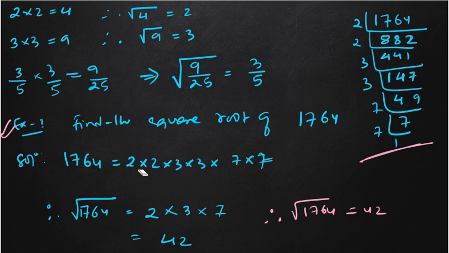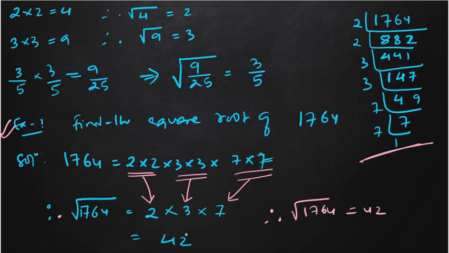So the two 2s are in a pair, 3 also has a pair, and 7 also has a pair. As all the prime factors have pairs, we can say that the square root of 1764 is: as 2 is in a pair, we take only one 2; as 3 has a pair, we take only one 3; and 7 has a pair, so we take only one 7.